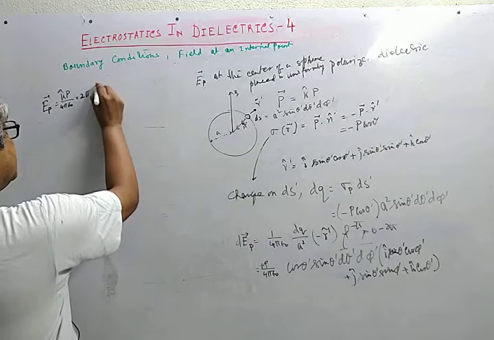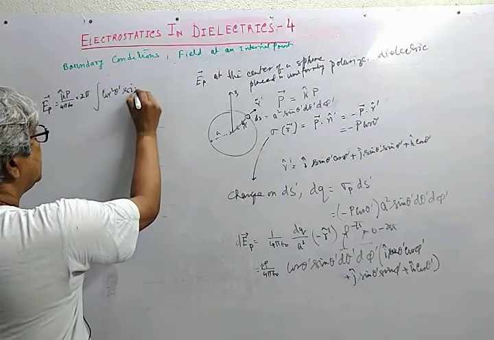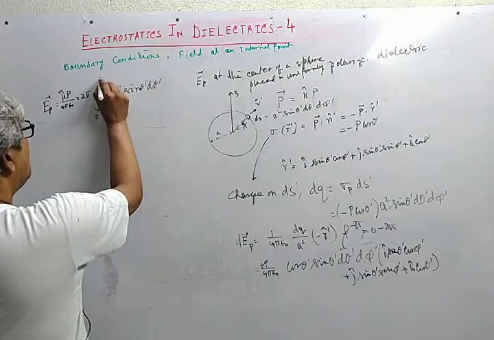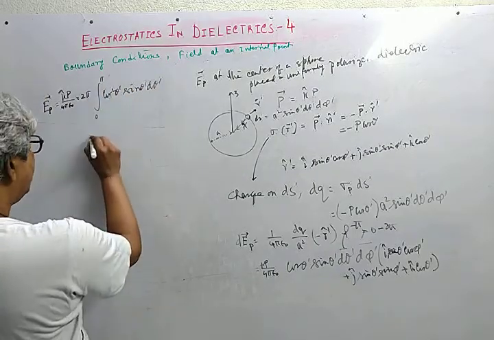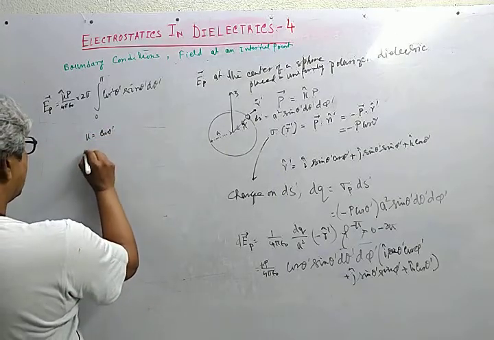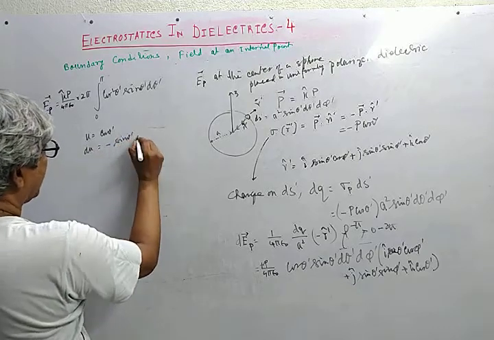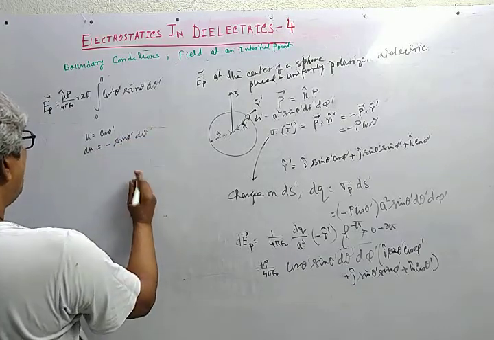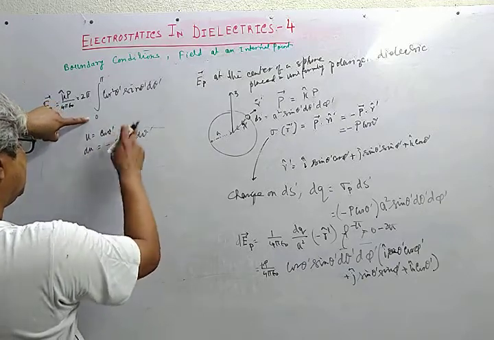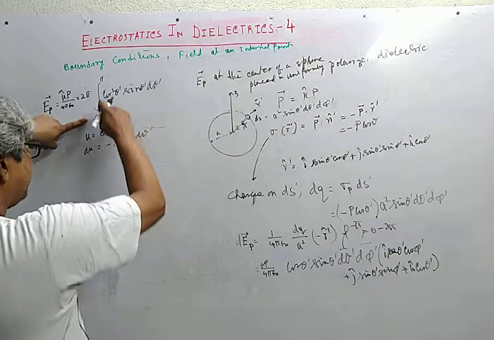Then the angular part, there is cos squared theta. So the integration involves cos squared theta prime sin theta prime d theta prime from 0 to pi. We introduce u equal to cos theta prime, so that du is equal to minus sin theta prime d theta prime. When theta prime is 0, u is 1, and when it is pi, it is minus 1.